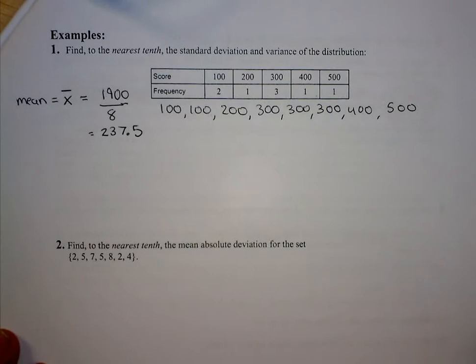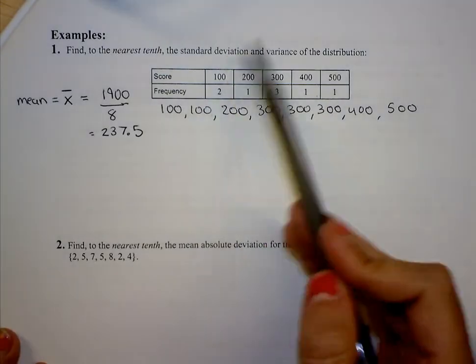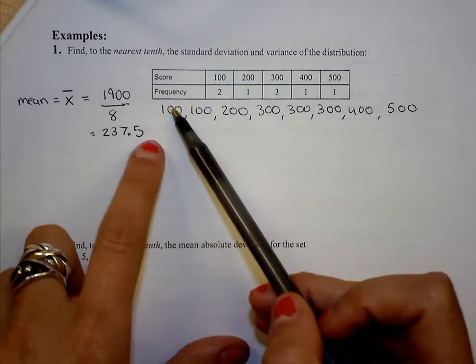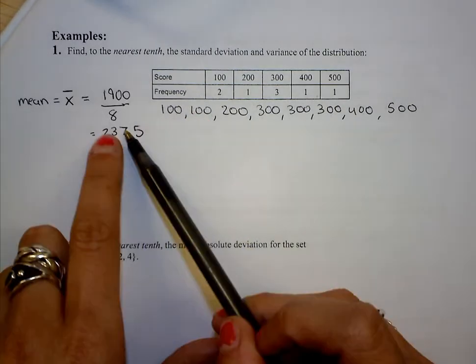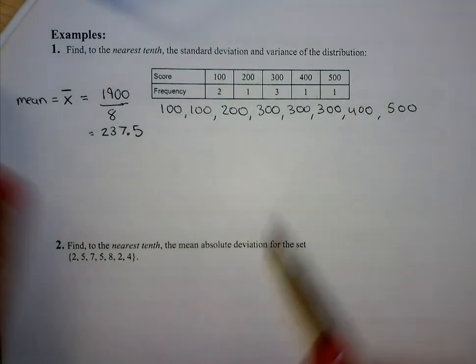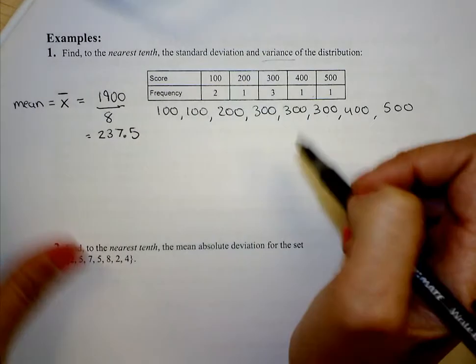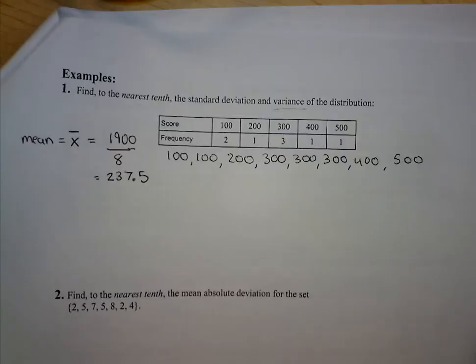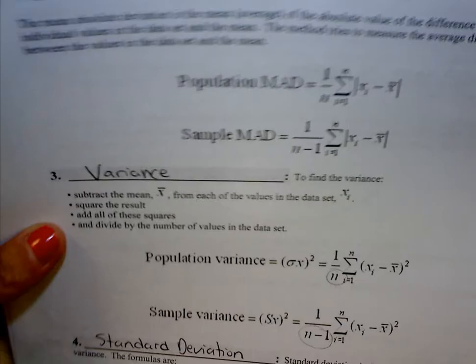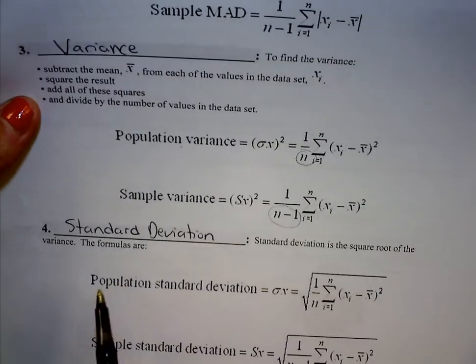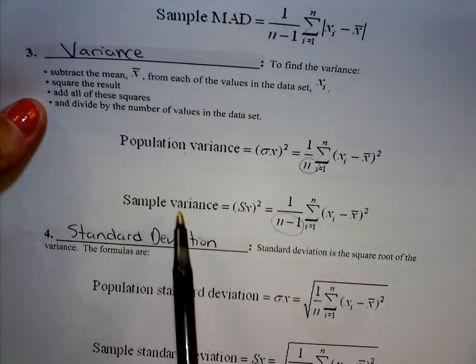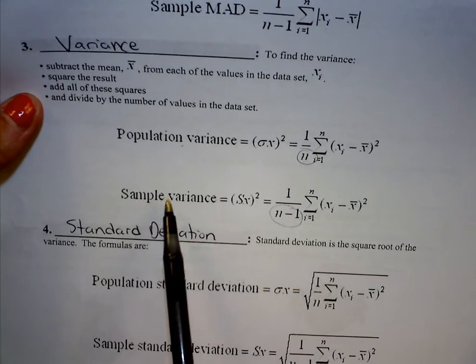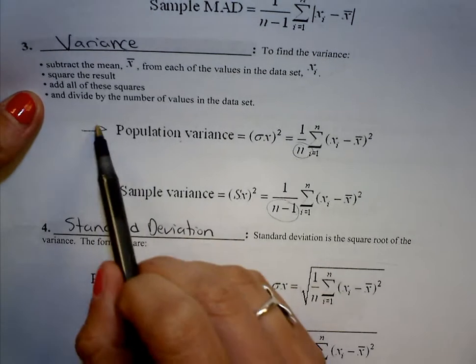So when we're talking about standard deviation and variance, I want to figure out how far apart these data points are from this mean. So let's first calculate the variance. So I'm going to go to my variance equation. And the question is, is this population variance or sample variance? Because I have the entire data set, I'm not choosing specific values from the data set, I'm going to use the population variance.